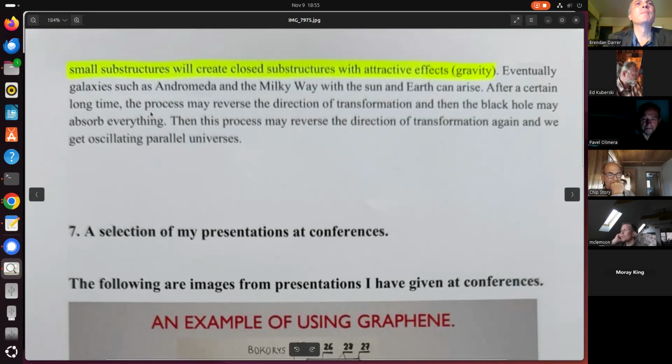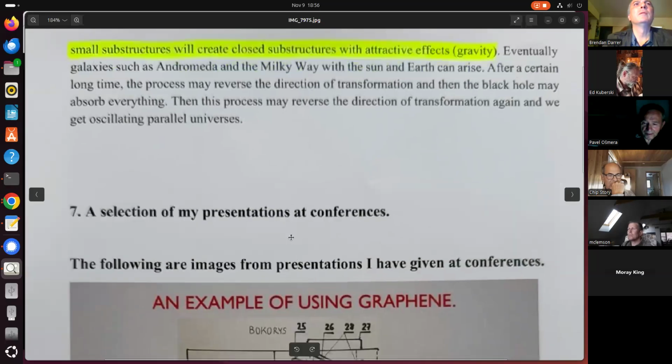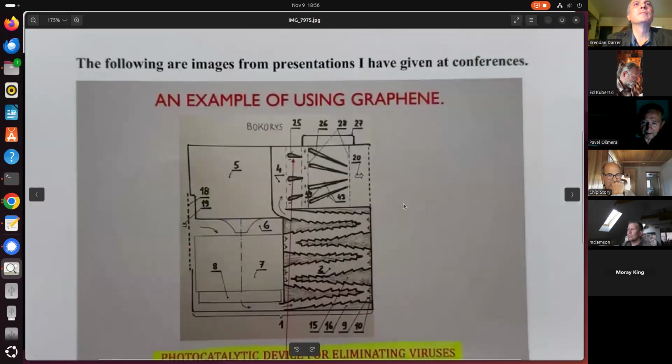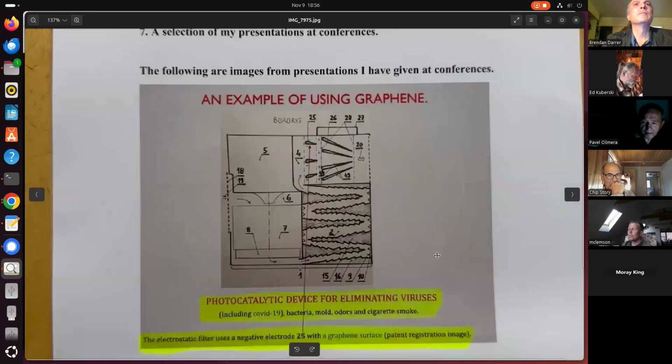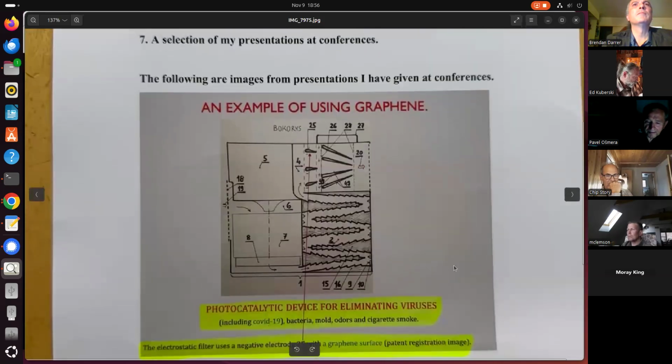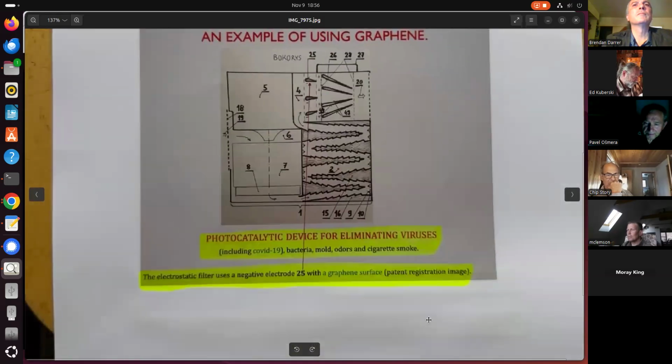Section 7, a section of my presentations and conferences. I found this to be really interesting. He's got a photocatalytic device for eliminating viruses, including COVID-19, bacteria, mold, odors, and cigarette smoke. The electrostatic filter uses a negative electrode, number 25, with graphene surfaces, patent registration image.